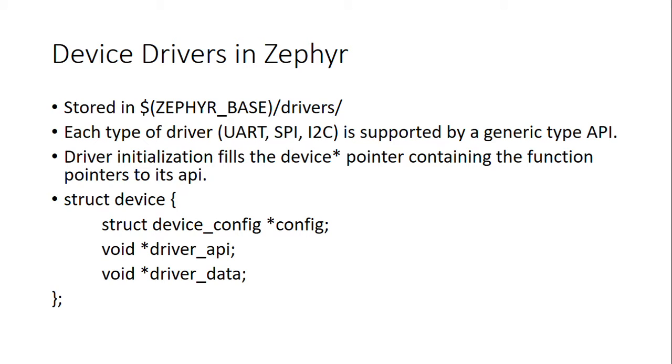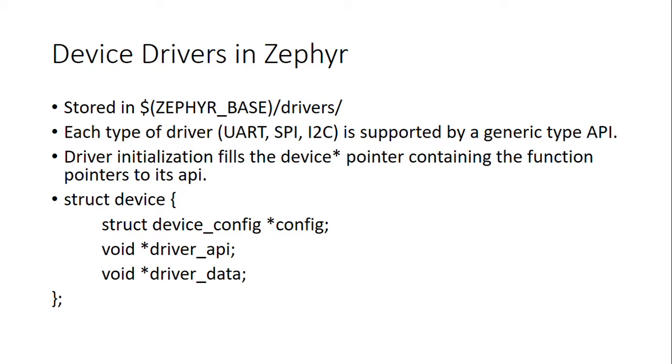So let's talk about the driver initialization. Whenever a driver is initialized, it fills the device struct pointer containing the function pointer to its API. Suppose whenever a driver initializes, it'll give us a device pointer, which will be like this structure mentioned here.